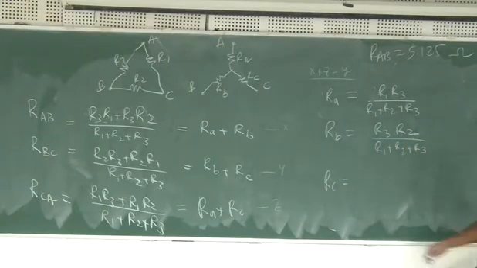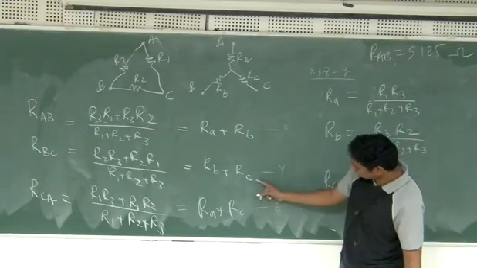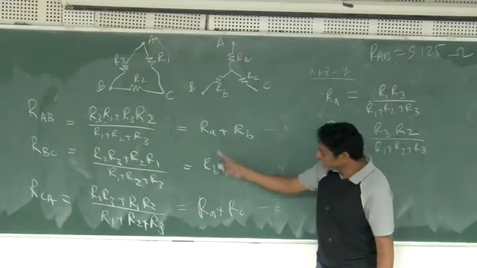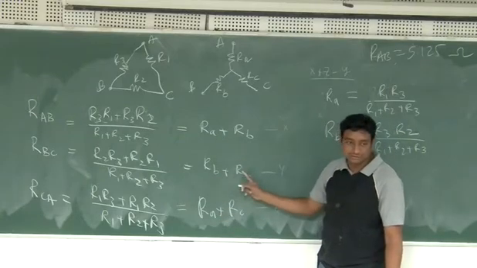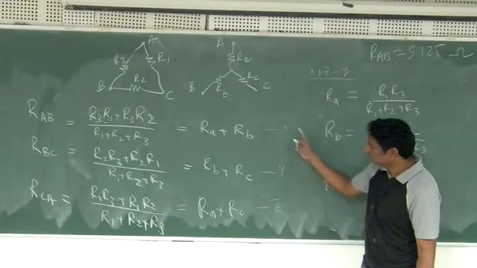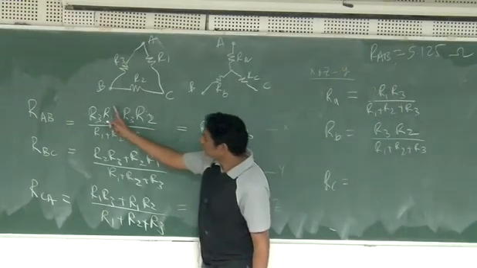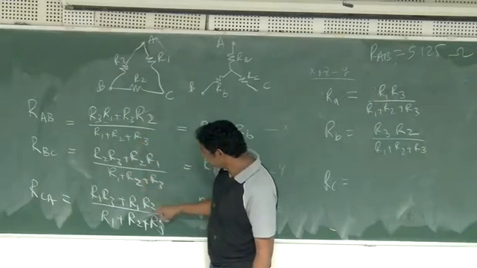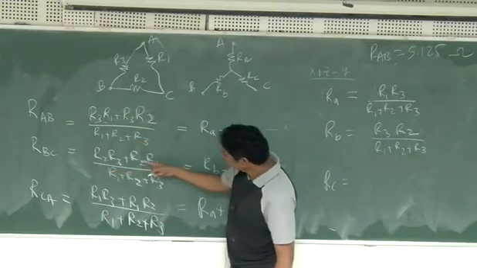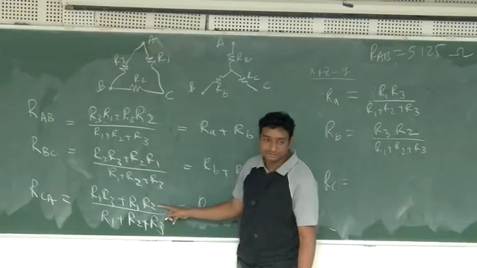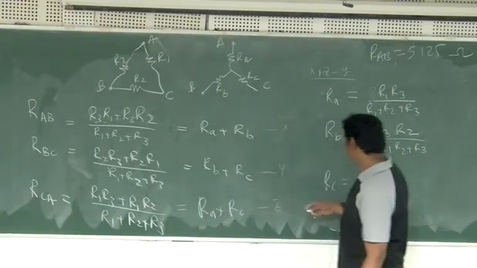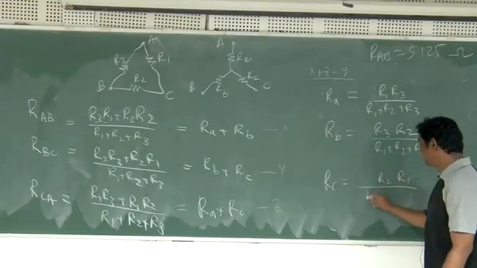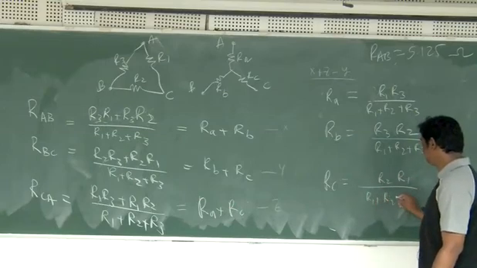If you want to calculate using the equations, see, RC is here and RC is here, so Y plus Z minus X. RA gets cancelled, RB gets cancelled, 2 RC will be here. R3 R1 and R3 R2 get cancelled. Only R2 R1 and R1 R2 are left, so 2 R2 R1, giving R2 R1 divided by R1 plus R2 plus R3.